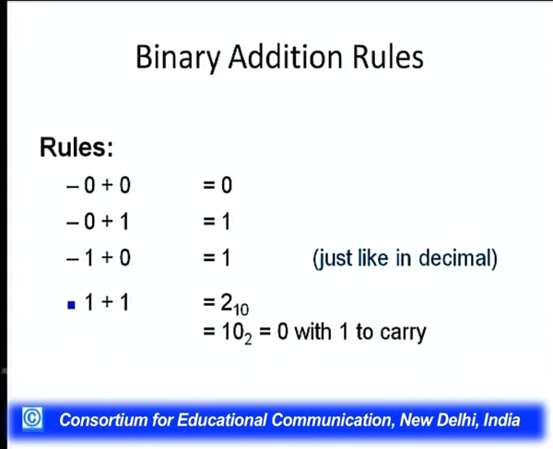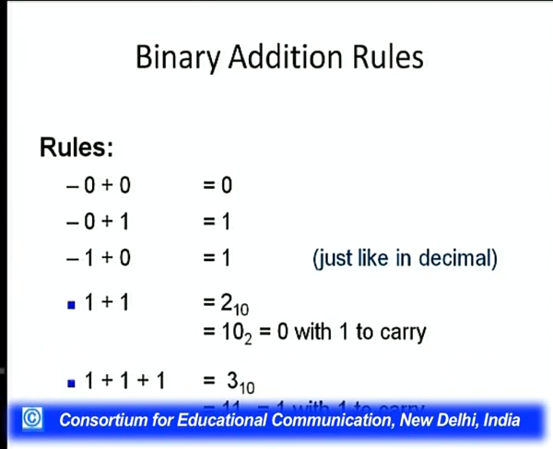Now when we say it is 10 in binary, this means you will write down the number 0 as the answer, and 1 you will carry over to the next column. So this 1 will be carried over. If you have 1 plus 1 plus 1, that is 3. It is represented by the digit 3 in decimal, and in binary you represent it with 11.